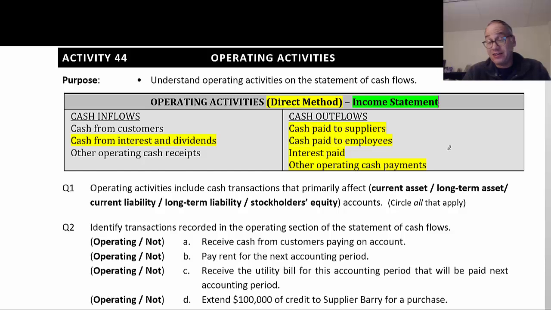The non-current asset section of the balance sheet, and the financing section has everything to do with long-term debt and stockholders' equity. Well, operating activities relate to current assets and current liabilities because usually when you receive money from customers, that's going to create current assets. If you pay suppliers, you may be paying off accounts payable, which is a current liability.